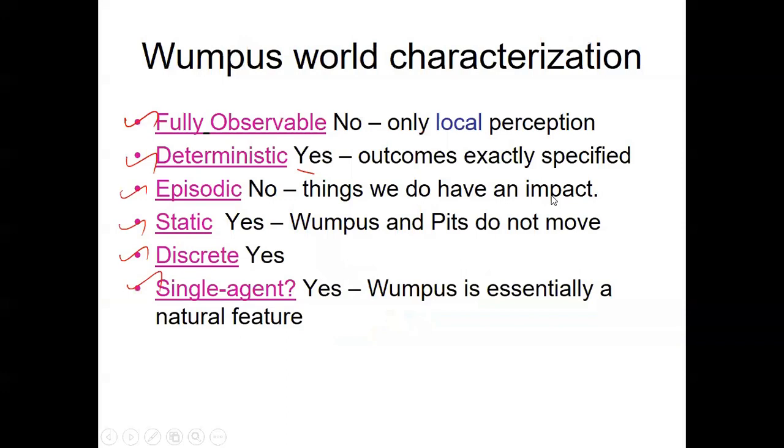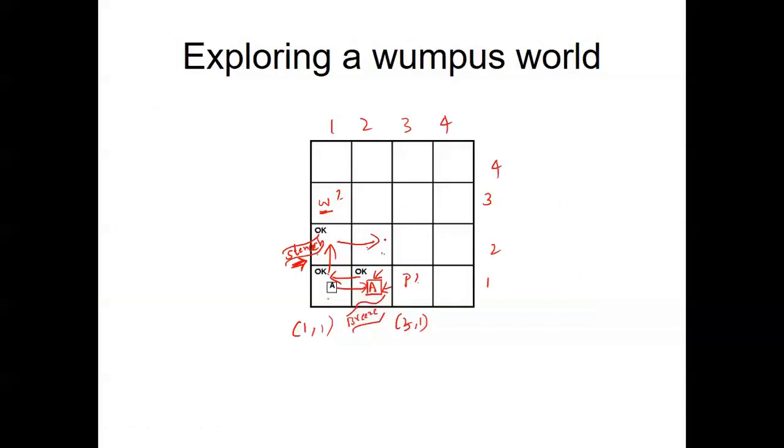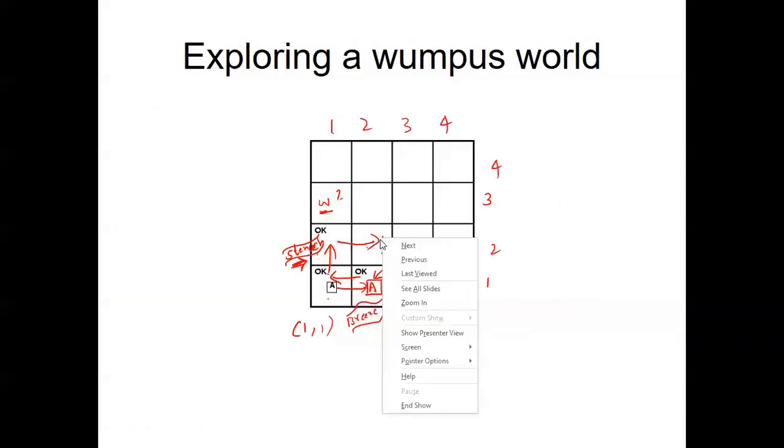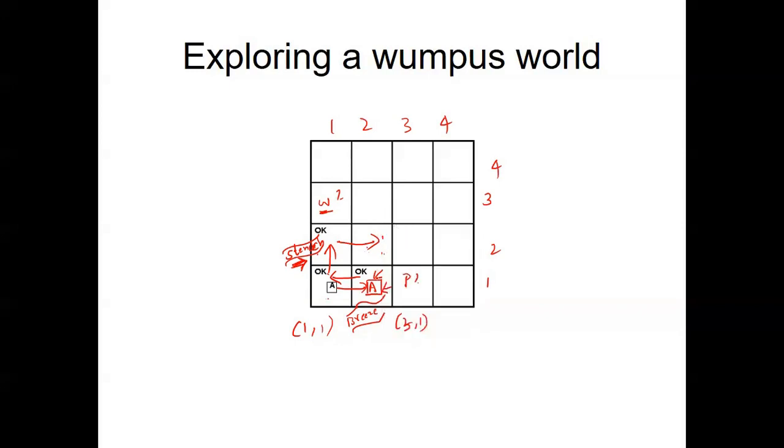Okay, so now the agent is here, which means the agent can go anywhere. The agent can go in all four directions, but the agent has already explored 2 comma 1 and 1 comma 2. So the agent will not go to 1 comma 2 and 2 comma 1. So there are two places the agent can go.